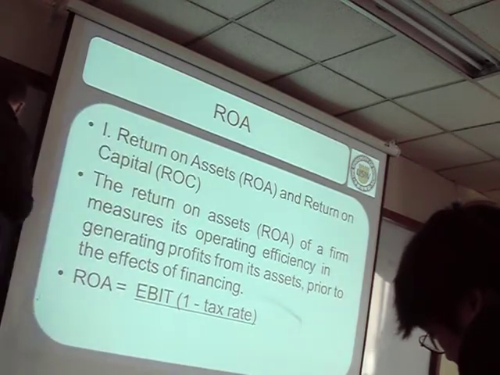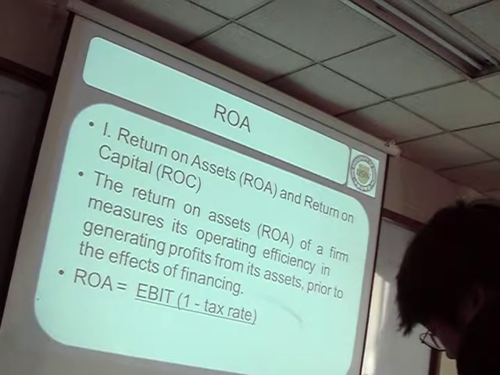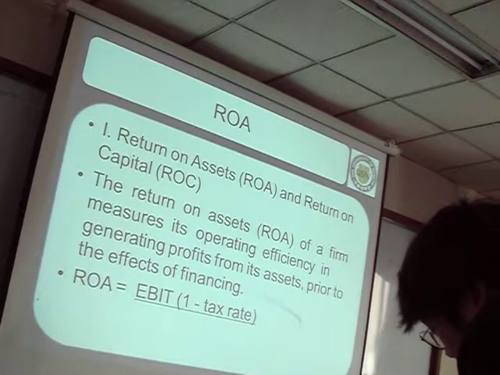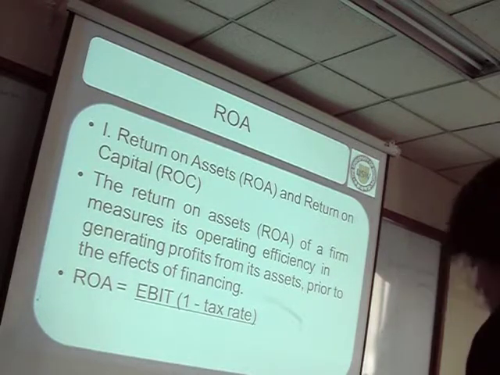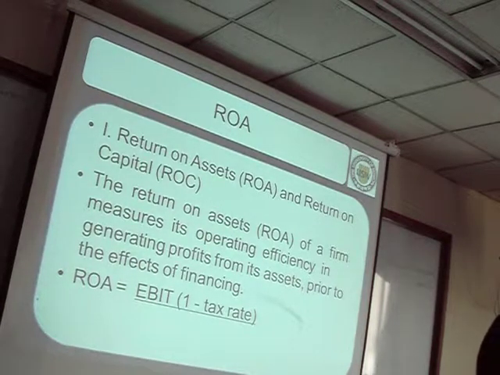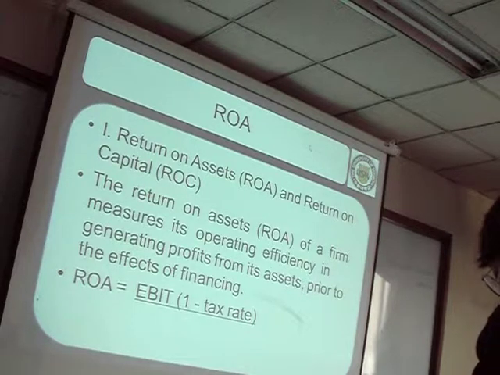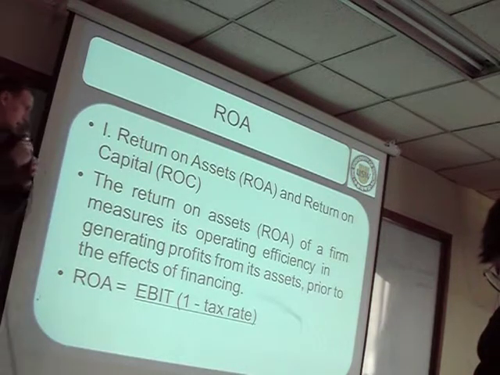So if my EBIT is 100, right, and my taxes is 30, okay, then it's the same as saying 100 times 1 minus the tax rate, which is 1 minus 0.3, so 100 times 0.7 equals 70, okay? So it's really just EBIT minus taxes. So we're just excluding the interest payment in this over assets.